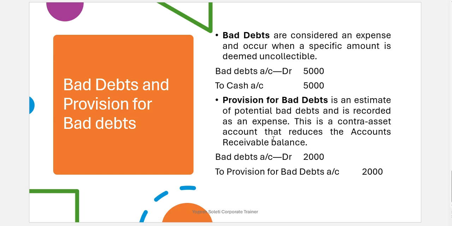This is a contra asset account that reduces the accounts receivable balance. So provision is nothing but an estimate. We predetermine that this much amount may not be recoverable. So this is the journal entry: bad debts account debit to provision for bad debts. Okay, clear?